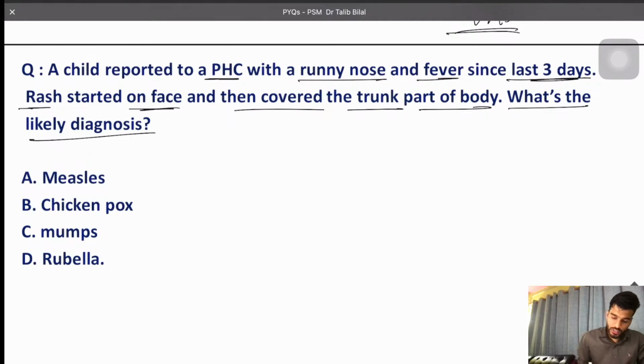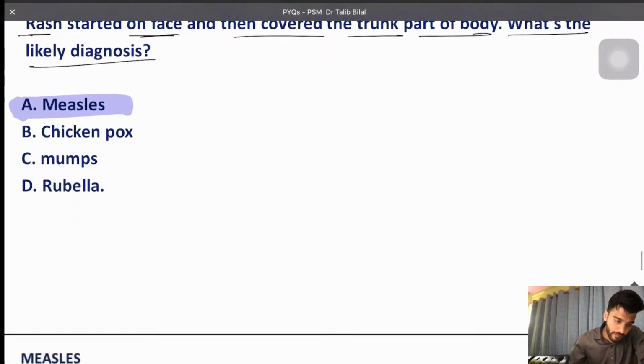Yes, your answer is going to be measles. Very good. Every time, a paper without measles is incomplete. In all the exams, either they ask the period of communicability of measles, or they give 3 symptoms and ask you to diagnose, or they give the vaccine strain, or they ask the complications of measles. So measles is very important.